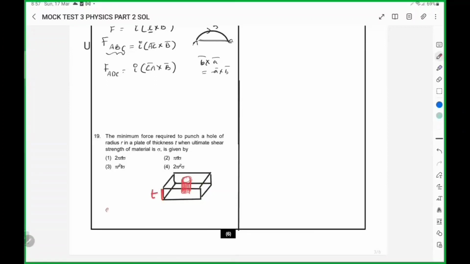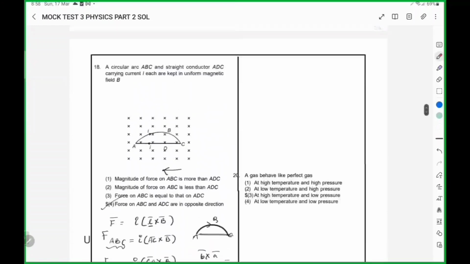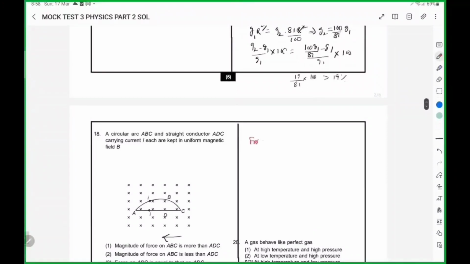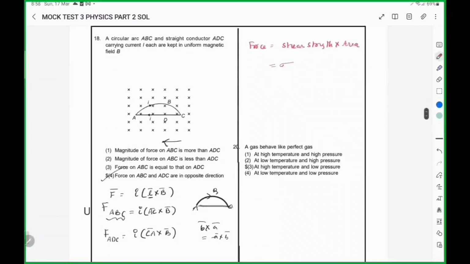Here, shear strength is equal to force per unit area. So force is shear strength into area. Shear strength is given as sigma.